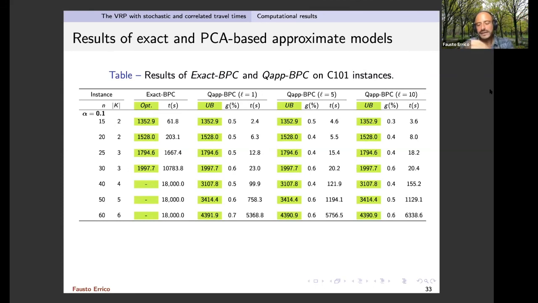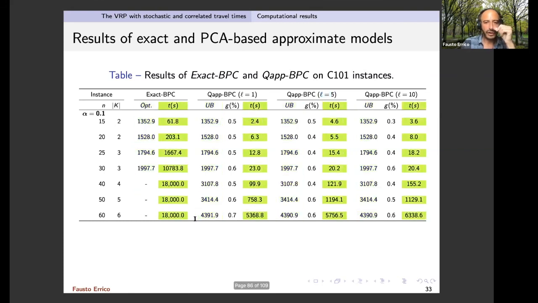But for all cases, we could also solve instances with a larger number of customers. Sometimes, for example in the last column, you can see that L5 and L10 could find a better solution than the one with only 1 component.